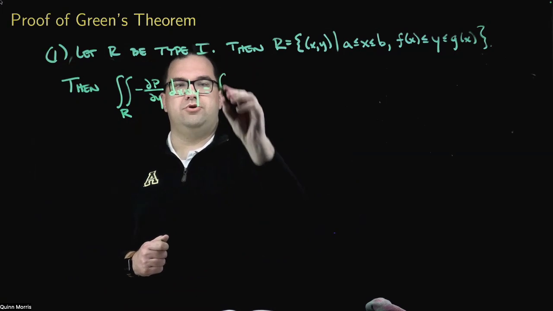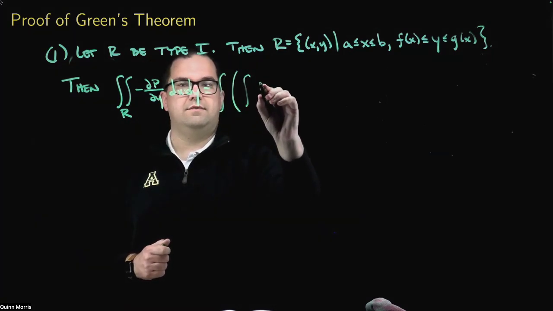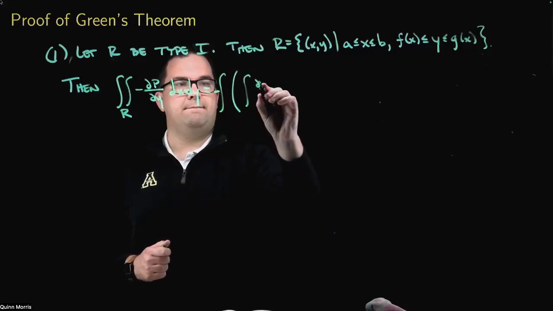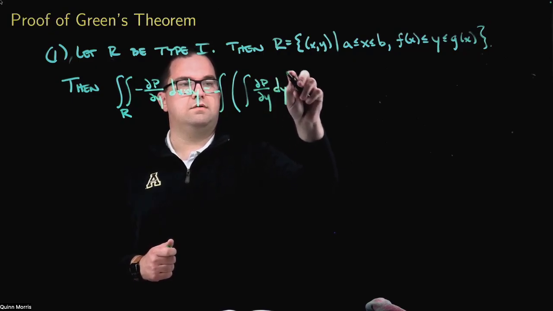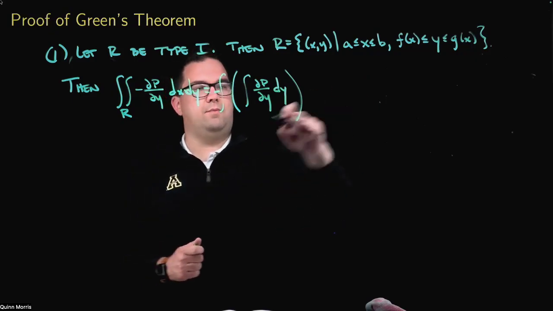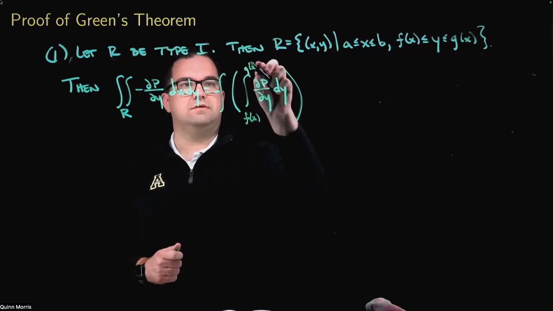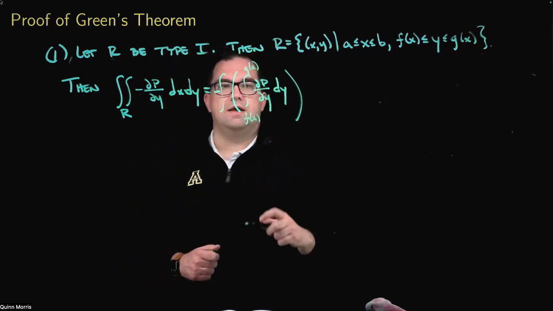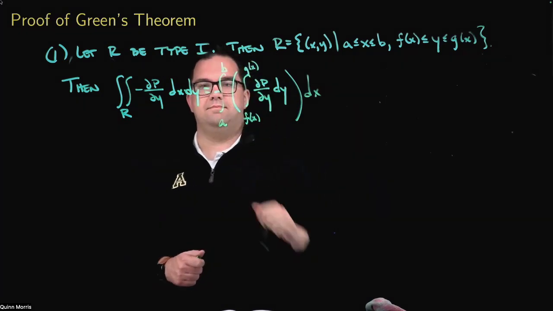I actually want to do this iterated integration first with respect to y, and I'm going to pull the negative all the way out for the time being. I'm going to integrate first with respect to y. My y values range from f of x to g of x, and then with respect to x, those values range from a to b.